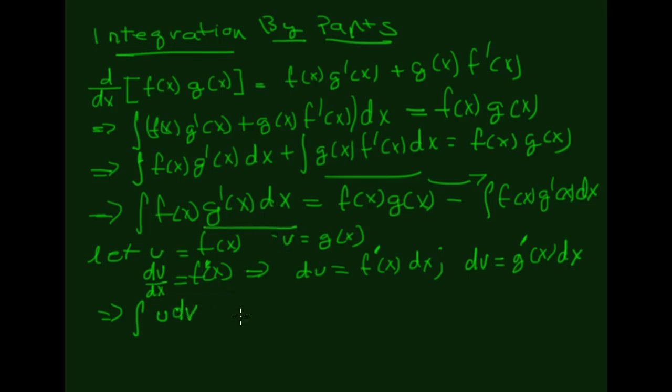It should be u times v minus the antiderivative of, well, let's see. Oops, there's an error here. I moved this over, right? So this should be, let's get rid of that.